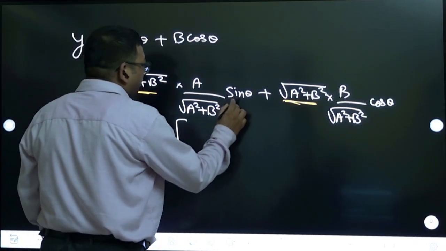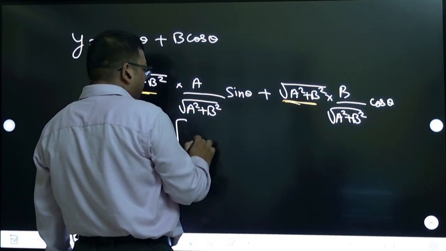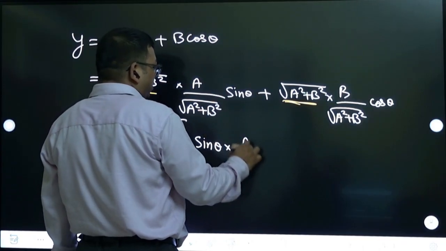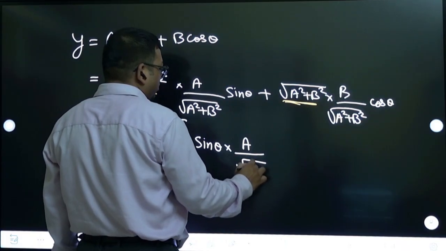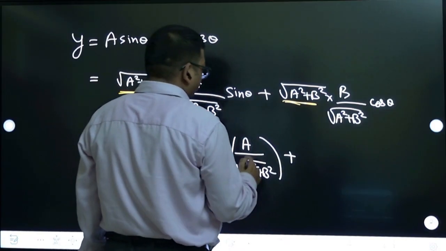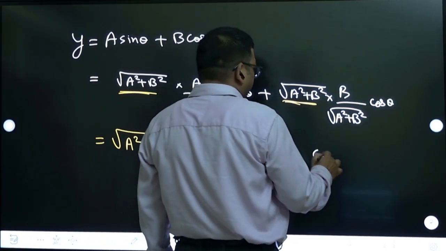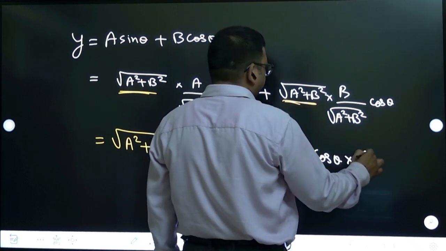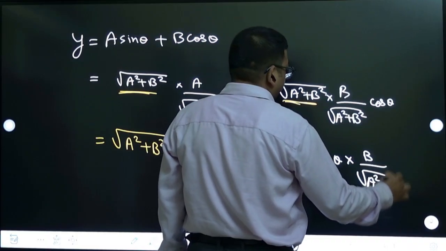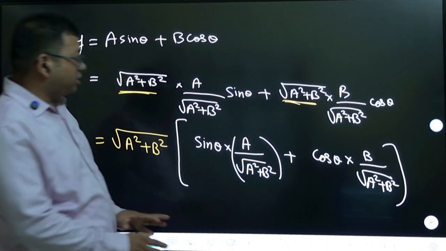Then we are left with, let us keep sin theta first, sin theta, and then this a by root under a square plus b square, keep it next, right? Plus, then you keep cos theta first, and then keep this term b by root under a square plus b square. Correct? Like this we can write.